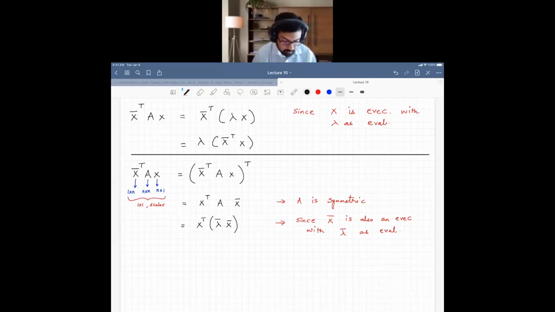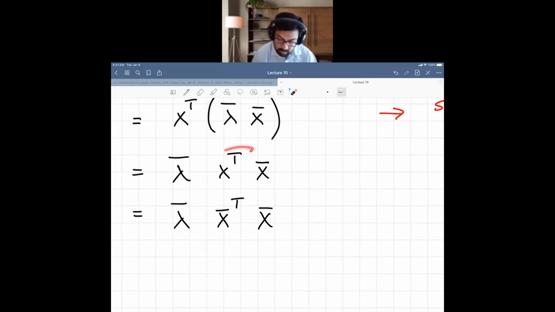Next, lambda conjugate is a scalar. I can pull it up front. I'm left with x transpose x conjugate. And x transpose x conjugate is the same thing as writing x conjugate transpose with x. And the reason is, you see, what is this? This is a dot product between all the elements in x with all the elements in x conjugate.